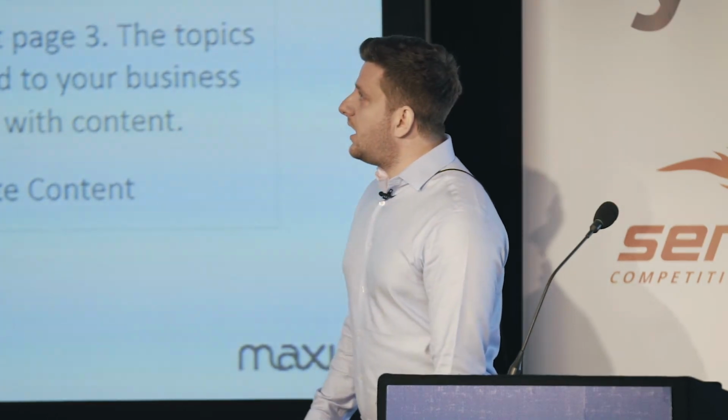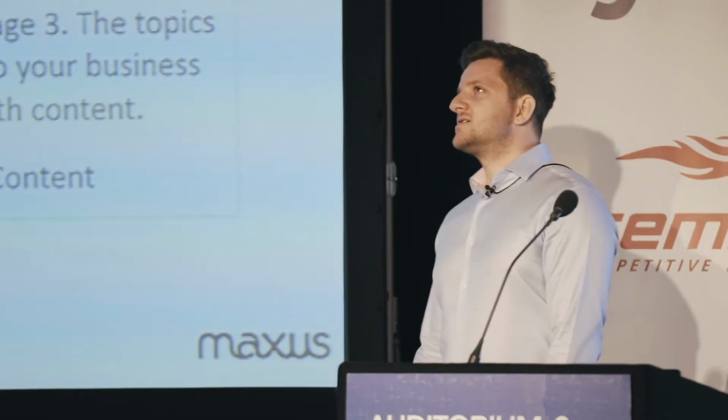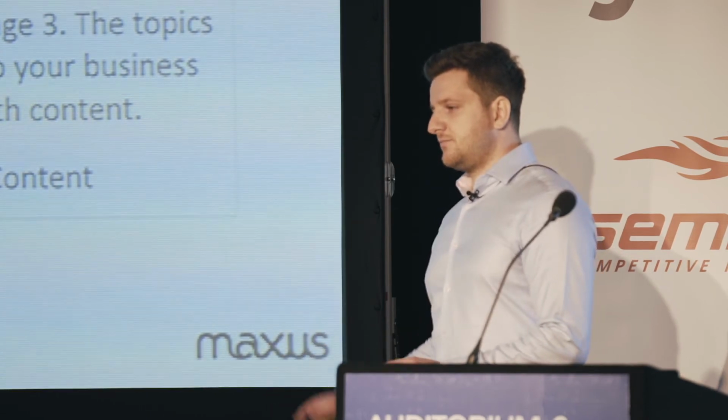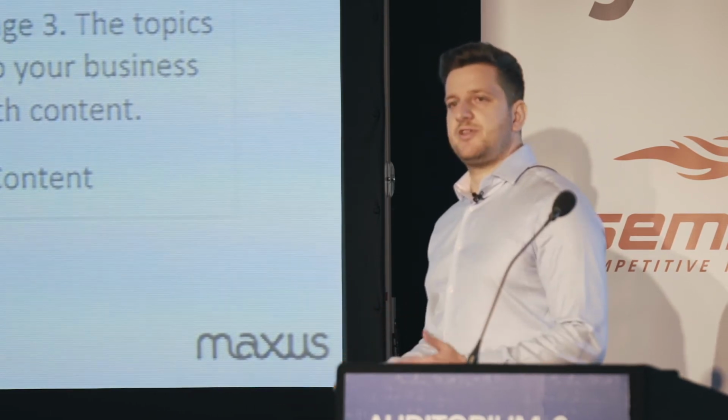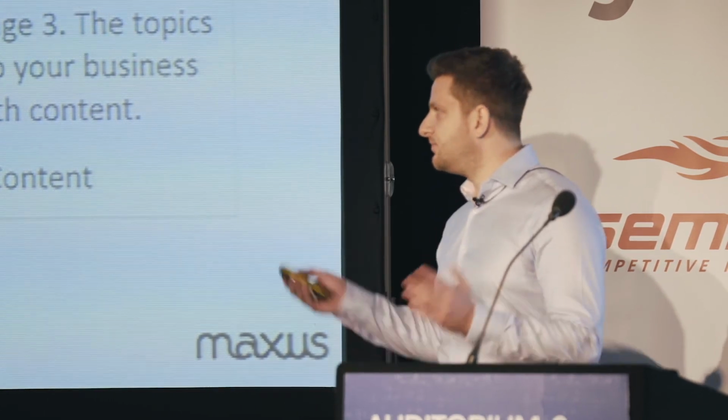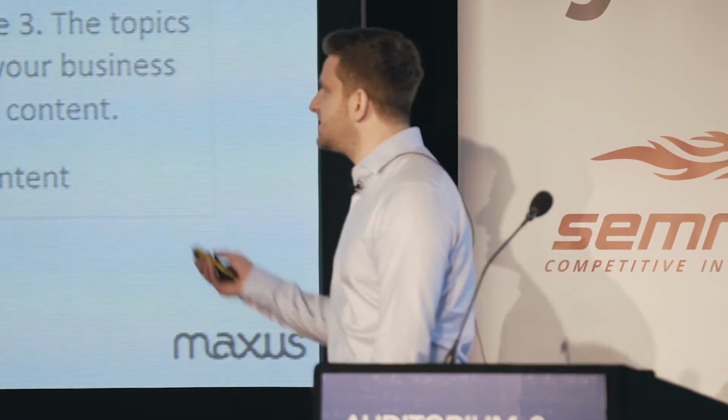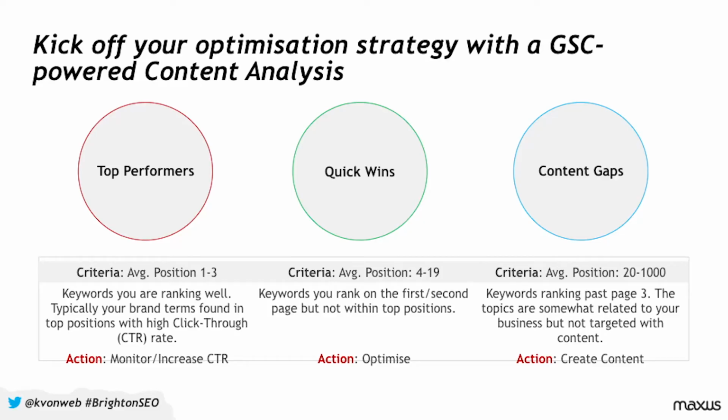Now, enough of looking at charts. I want to focus for the rest of my slides on the actionable things you can do moving forward after you have downloaded all of your data. The thing I like to start with is conducting a good old keyword gap analysis, where I download all of my keywords and divide them into 3 distinct categories.